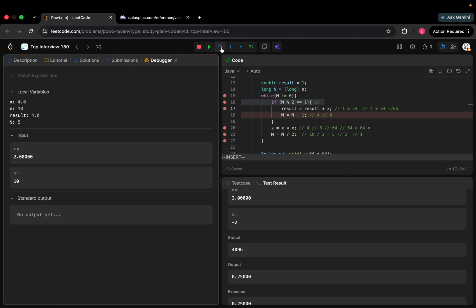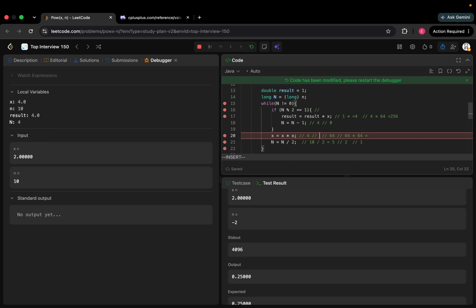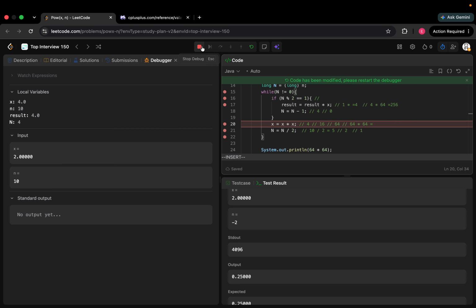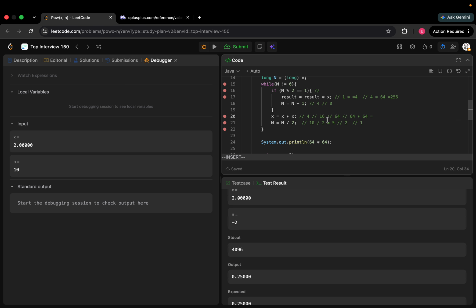And this calculation should be 4. And for here, 4 times 4 is 16. Okay, 16, yeah, this one. Then 2.